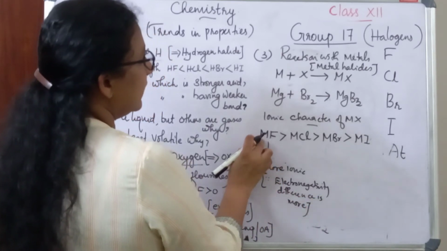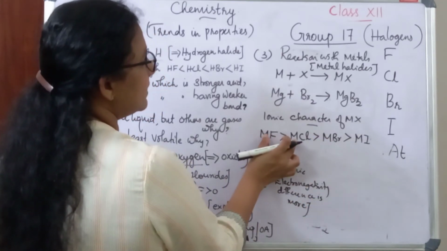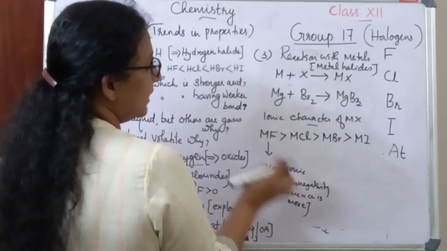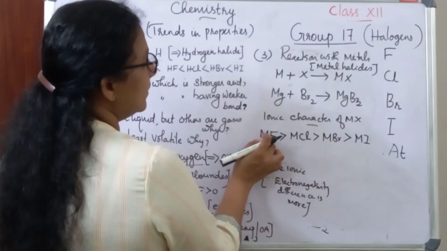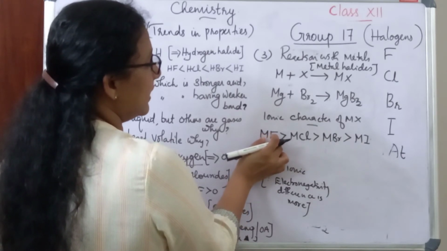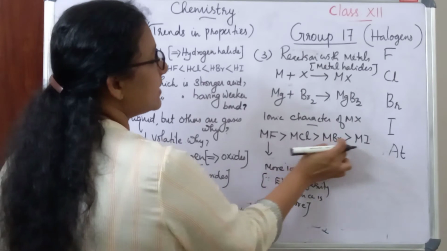If you are considering the same metal, the electronegativity difference between metal and fluorine is more, so it decreases in this order.